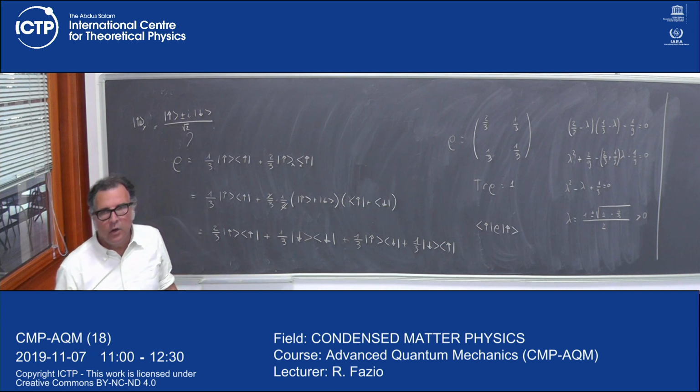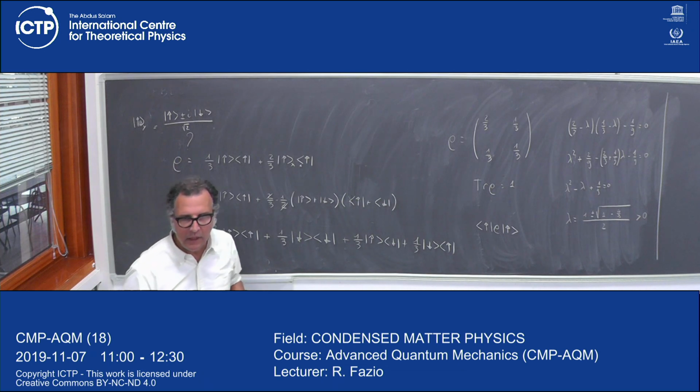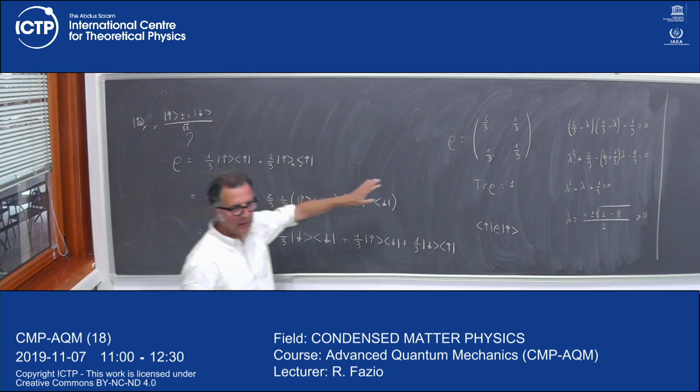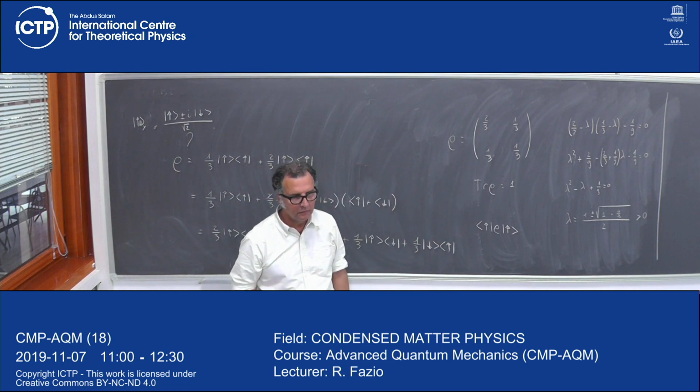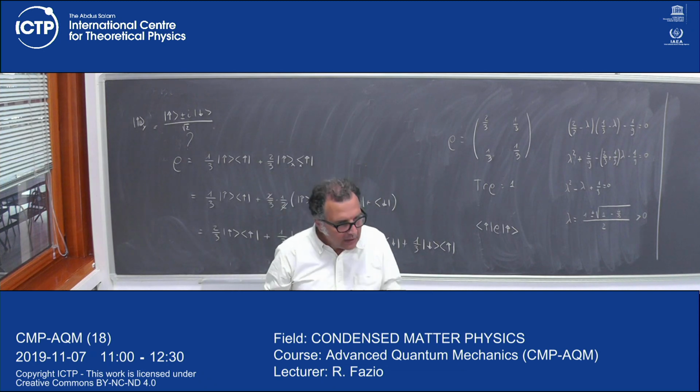So you have to answer the question. What is the probability that the system is in up y, with this density matrix? Zero. Are you sure? I don't know, I did not do the calculation. Just check it. But okay, you said 0.